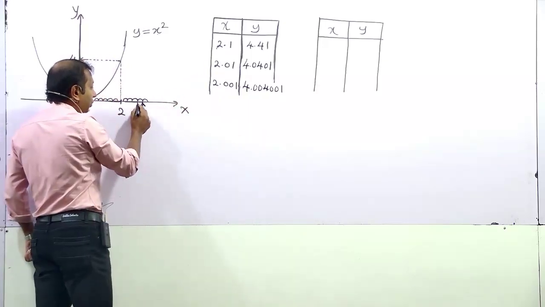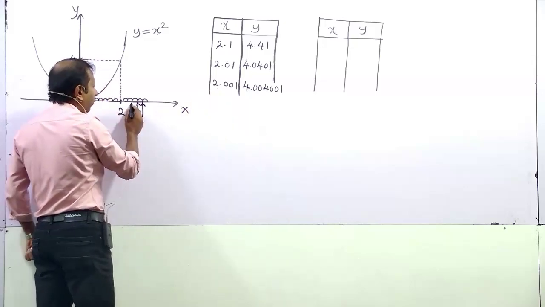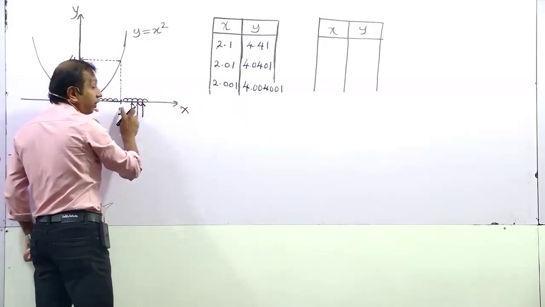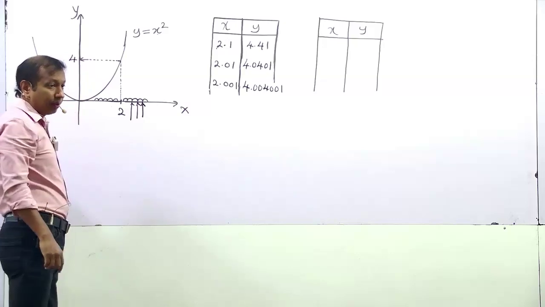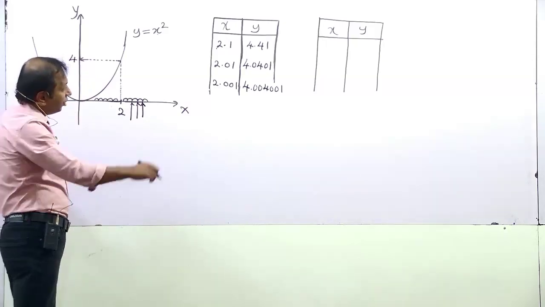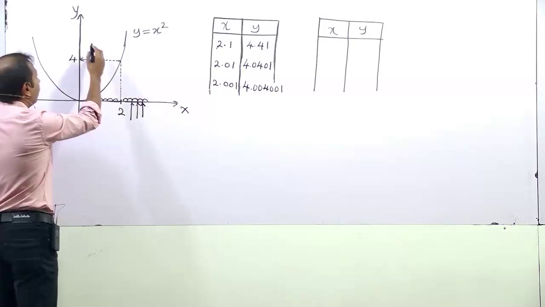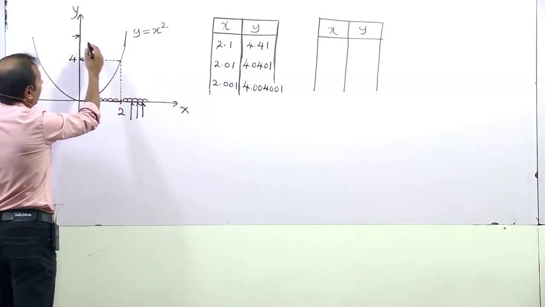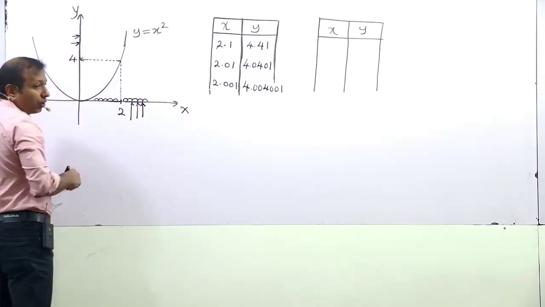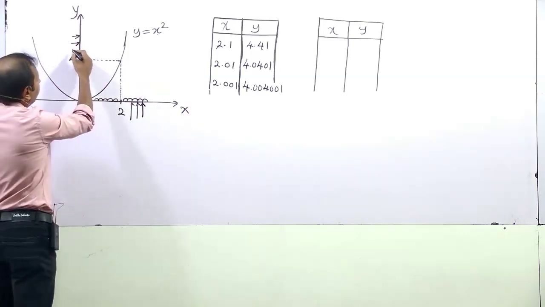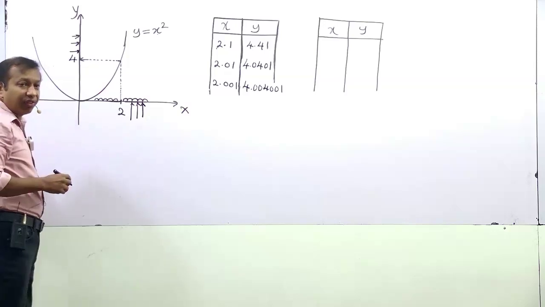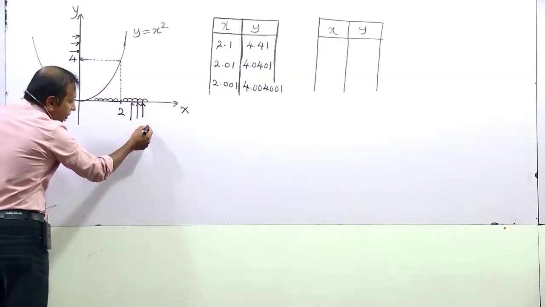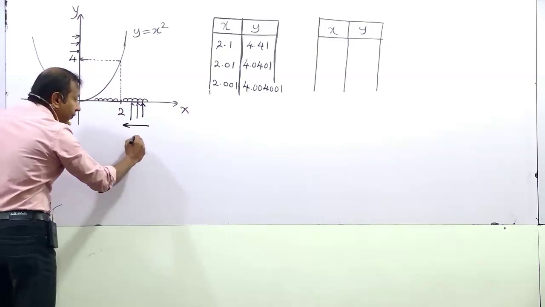Now, can you see, once you very carefully observe these numbers, 2.1 is somewhere here. 2.01 is more closer to this 2. 2.001 is more closer than the previous two values. Then you can see their y values. 4.41 is somewhere here. 4.04 is closer to 4 than earlier. Then you can see once x goes to this 2, how to write this?